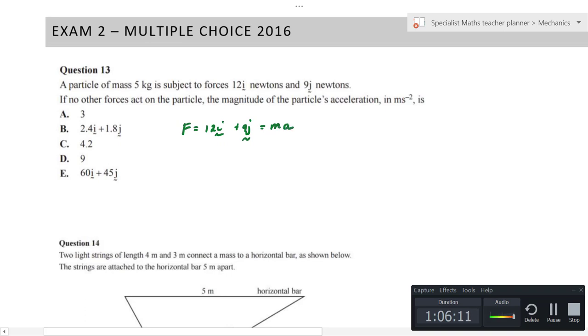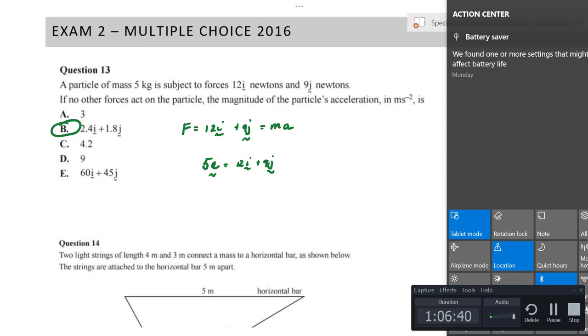If no other forces, the magnitude of the acceleration, so 5a is equal to 12i plus 9j. So 12 divided by 5 is 2.4, 9 divided by 5 is 1.8, there you go, done. Could have done that in your reading time, couldn't you?